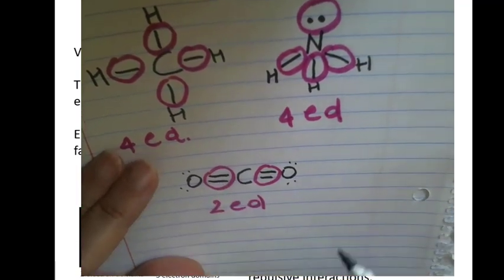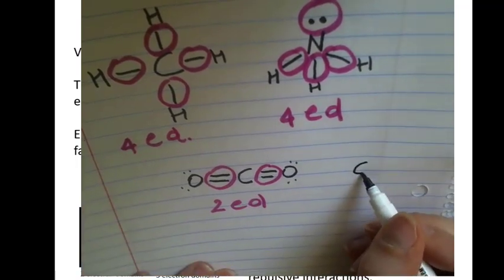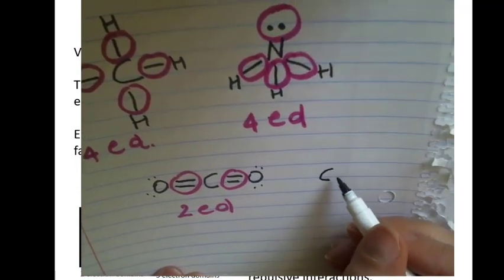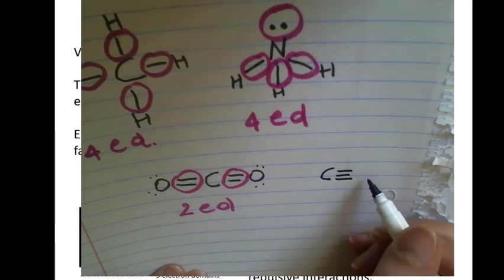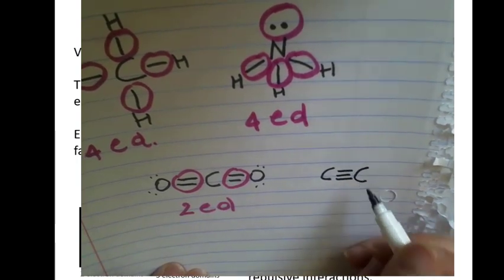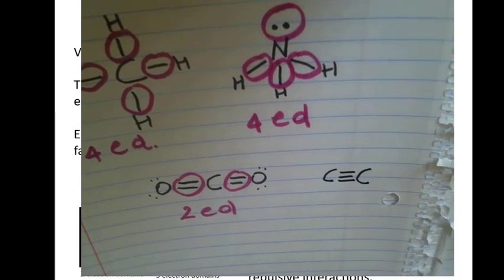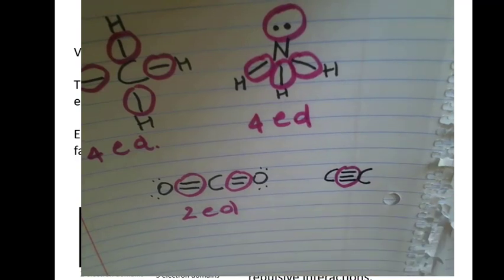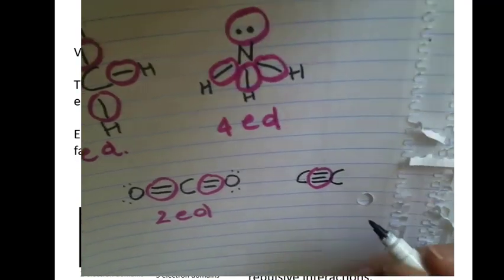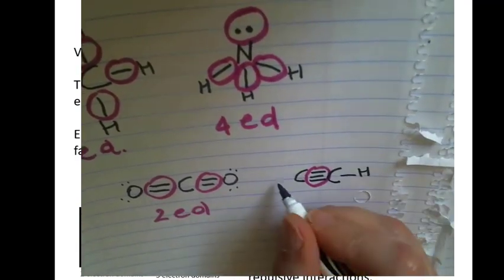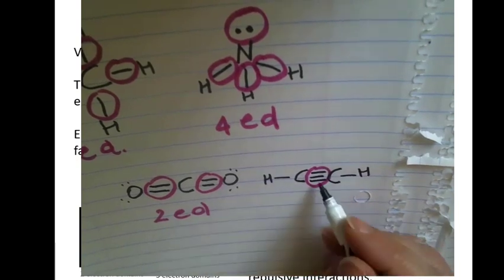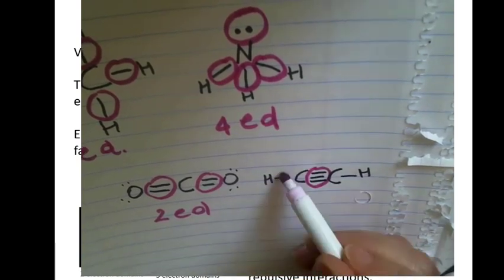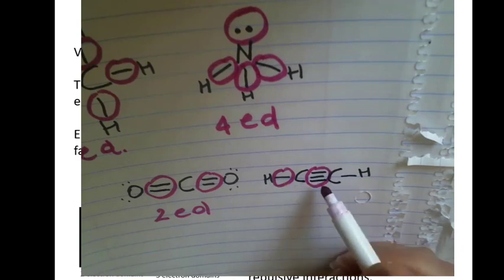So even if I had a situation with, say, a triple bond, and another atom bonded here, say another carbon, then I would have one electron domain here. So for a molecule like this, it could be ethyne, H and H, this carbon, when I look at it, would have two electron domains around it.